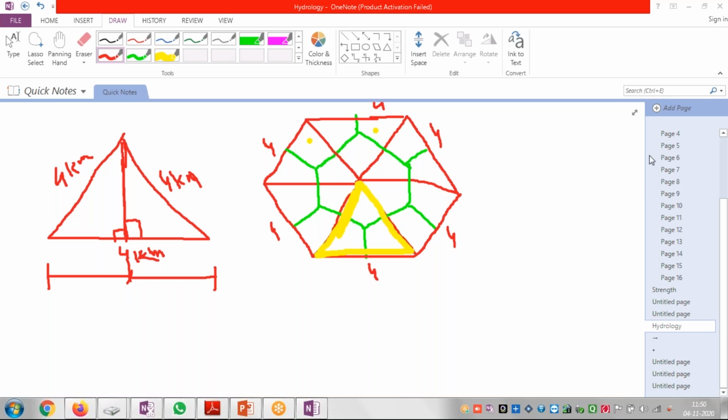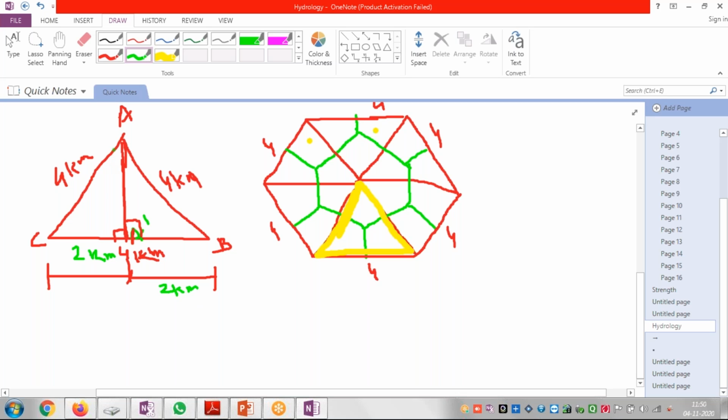Can anyone tell me? Yes, 2, correct. This will be 2. If I say this is A, this is B, this is C, then this one is A dash. This is 2 kilometer, and this one will also be 2 kilometer.